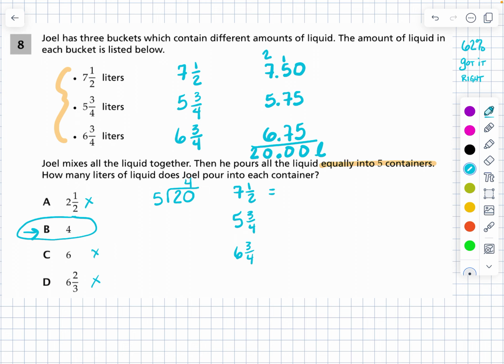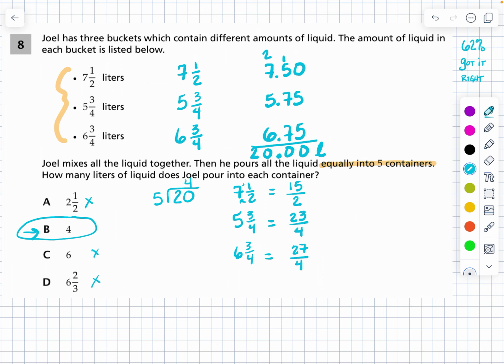So 2 times 7 is 14, plus 1 is 15 over 2. And you can tell it's greater than 1 because 15 is larger than 2 in the denominator. And here we've got 4 times 5 is 20, plus 3 is 23 over 4. And the last one we have 4 times 6 is 24, plus 3 is 27 over 4.